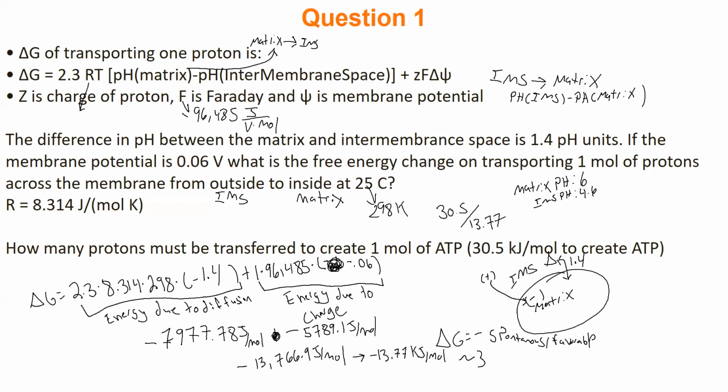Doing that, that's 2.2, but you always round up because I can't have 2/10 of a proton. So I need at least 3, right? If I only have 2 protons going through, that's not enough energy for 30.5 kilojoules. So I need 3 protons to get my required energy to make 1 ATP.